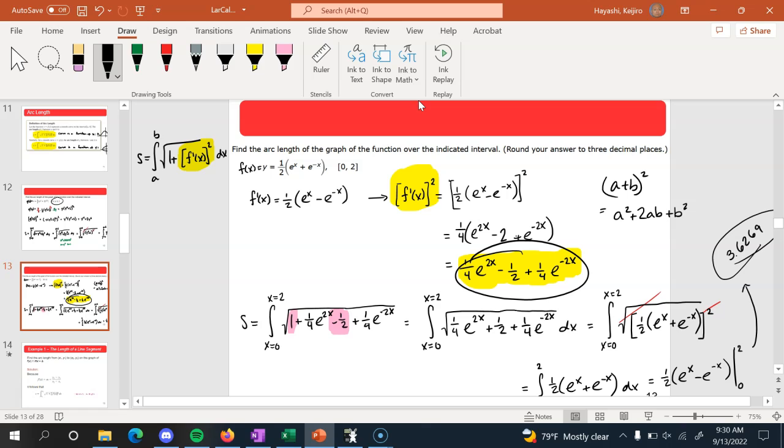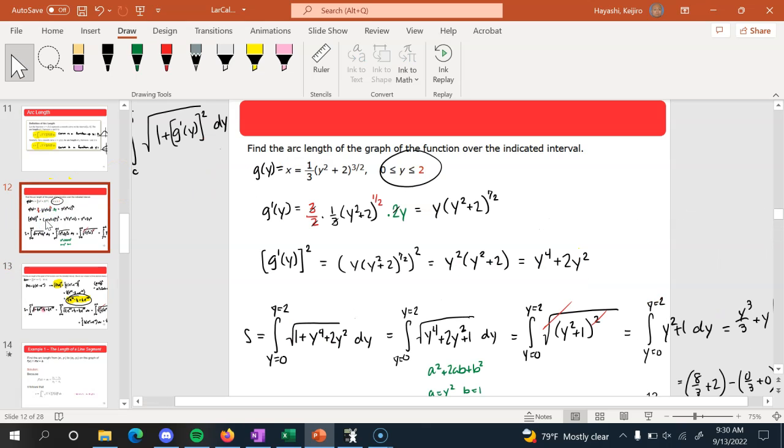So for these arc length integrals, because the whole thing is underneath a square root, and there's not often anything you can do with something that's trapped under a square root, what you're going to be doing pretty much all the time with these arc length integrals is trying to find a clever way to express what's underneath the square root as a square. It happened here, right?